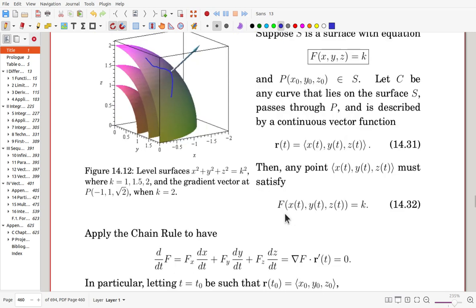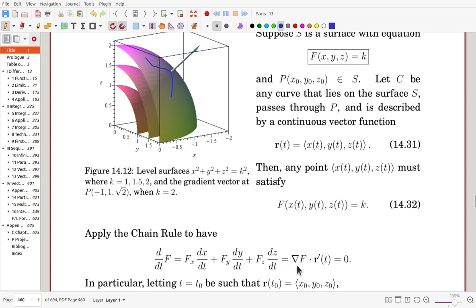So we may try to get the derivative with respect to t, and using the chain rule, we have this. First, we have f sub x times the x derivative, f sub y times dy dt, and f sub z times dz dt.